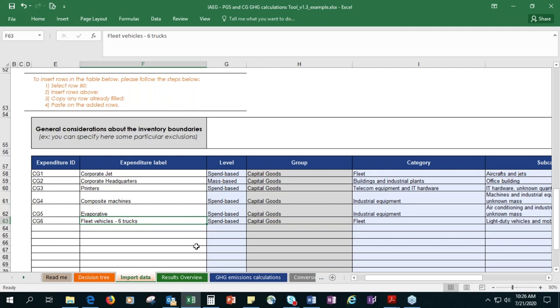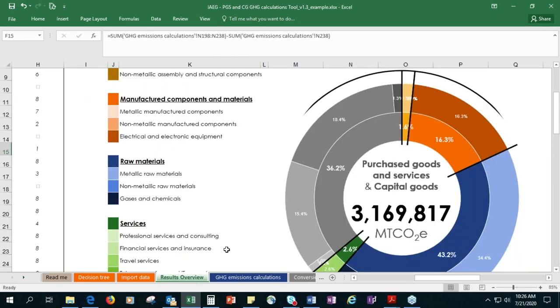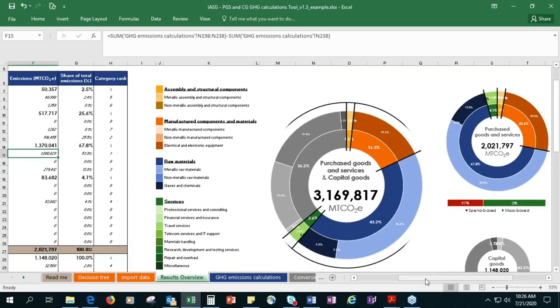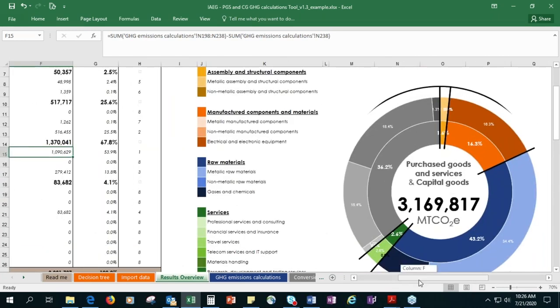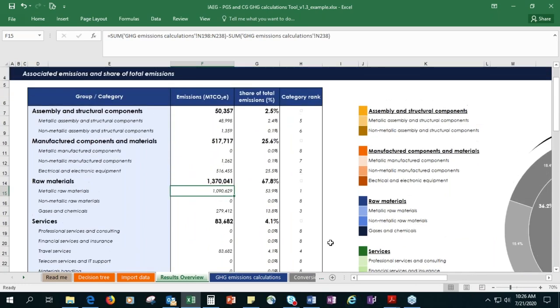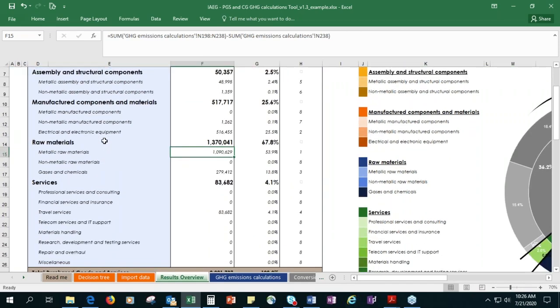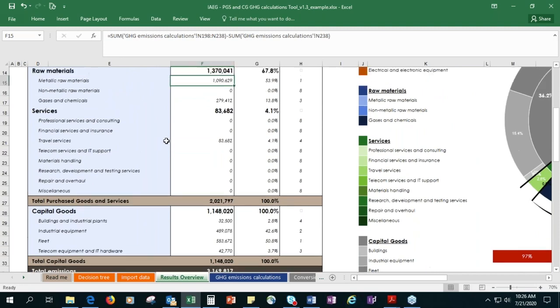So from the Import Data tab, we can move over into the Results Overview, which provides a series of outputs to help us understand the breakout of these inputs that we've provided. So the first breakout is this table that shows each of those categories within purchase goods and services and capital goods.